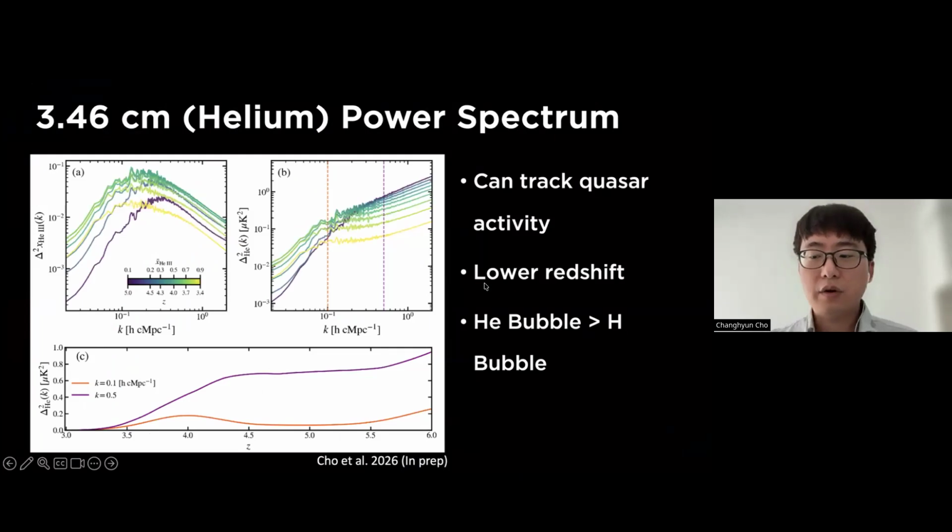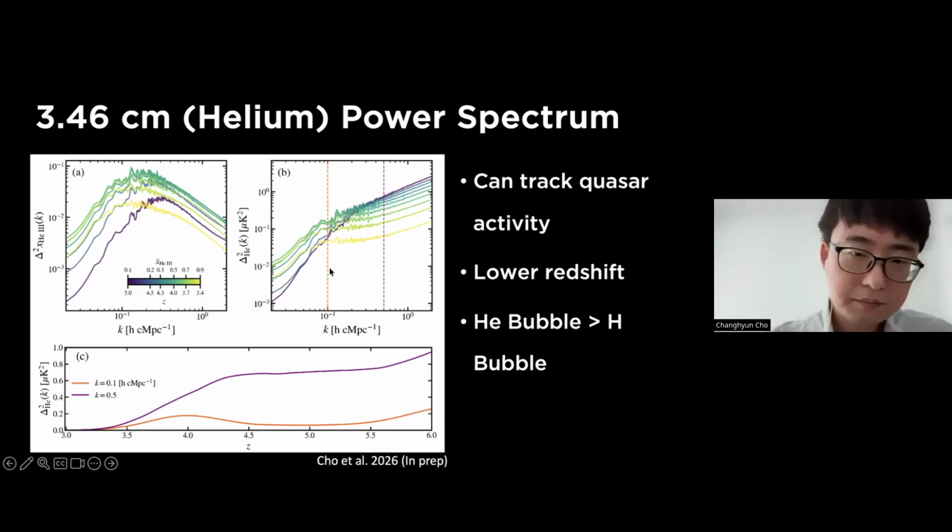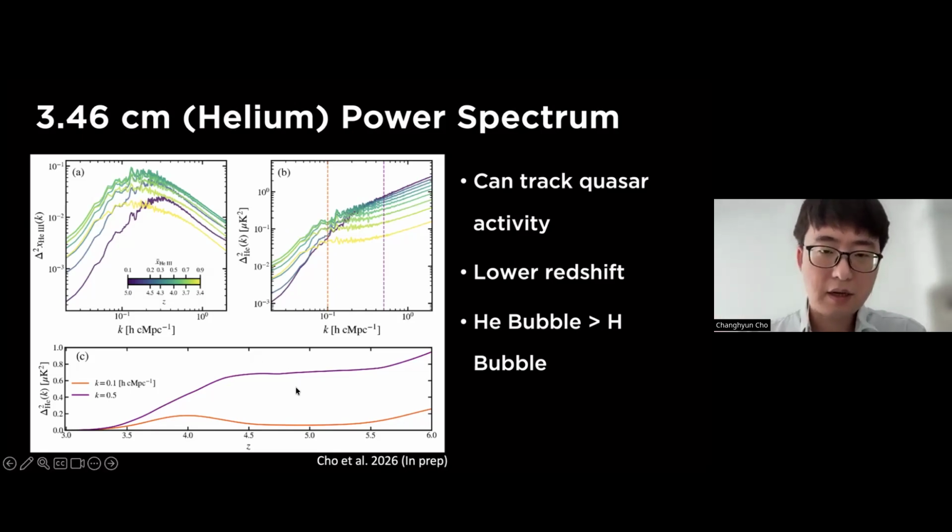Okay. And not only that, the Lumina simulation can also simulate the helium ionization history. This one shows the helium ionization fraction and the helium 3.46 centimeter line power spectrum. When I select only a specific scale, 0.5, corresponding to around 10 megaparsec, and this is the 2 megaparsec scale, we can see how they evolve over time.